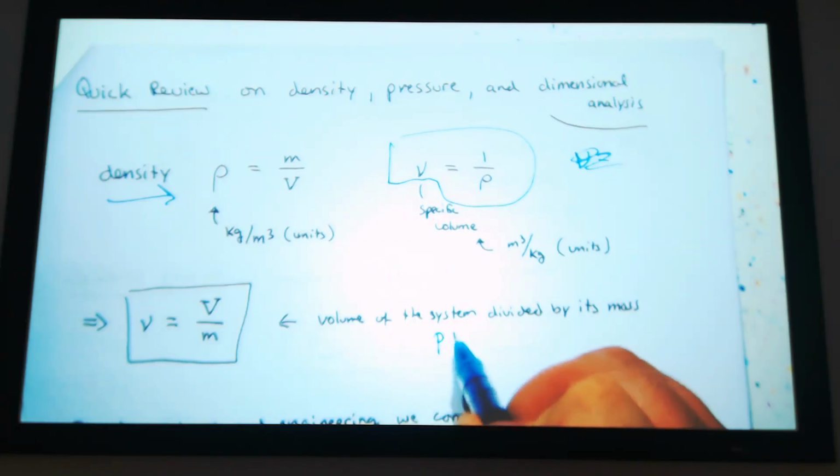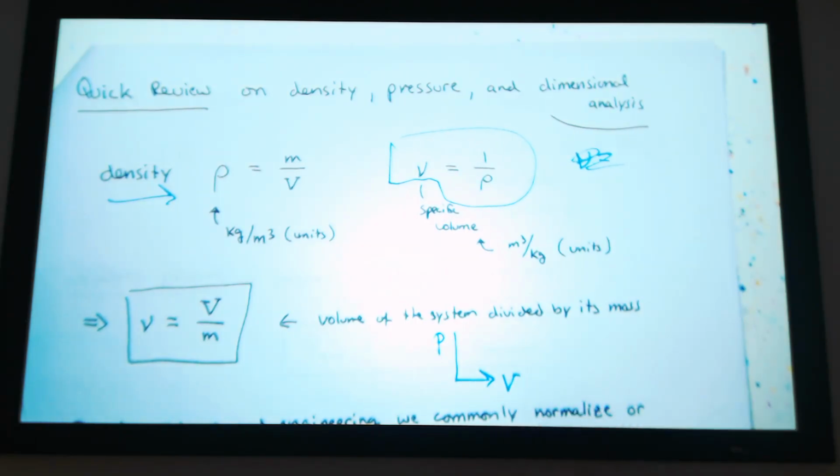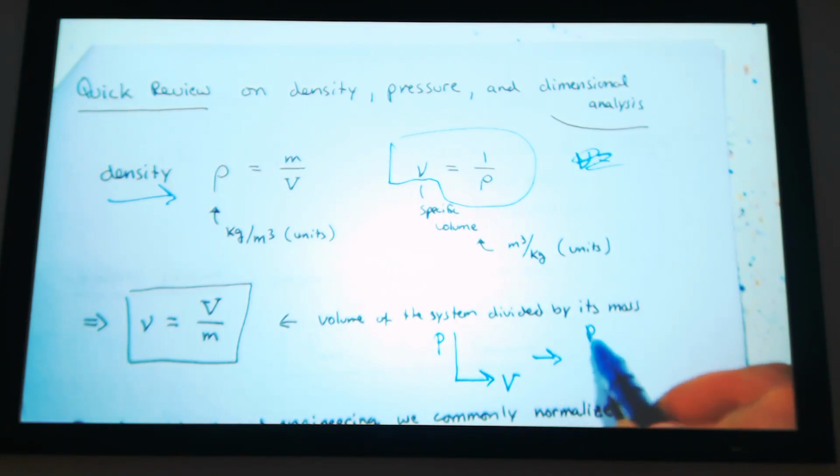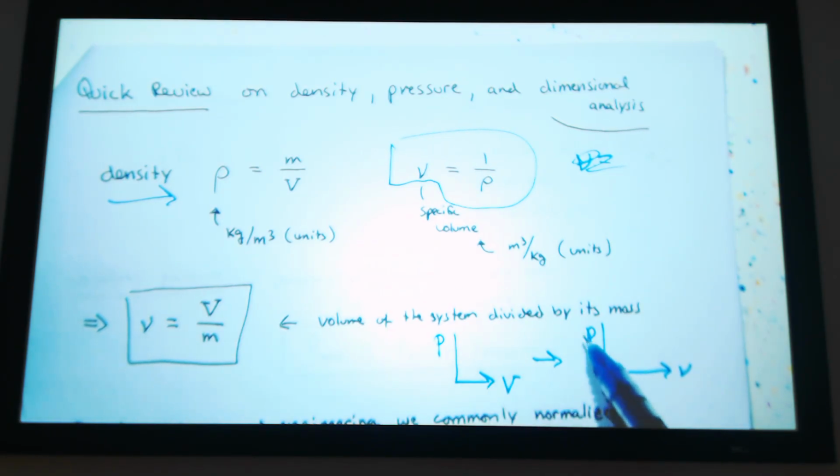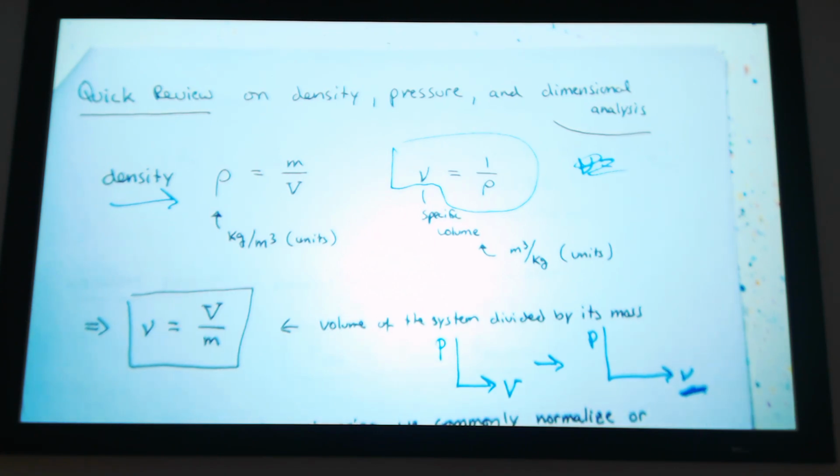Now I drew these P-V diagrams. What we like to do is P versus small v. And then coupled with the T-S, I drew T and big S, but we really could do T and small s. So we like to break down some of these extensive properties on a per unit mass basis. You non-dimensionalize things.